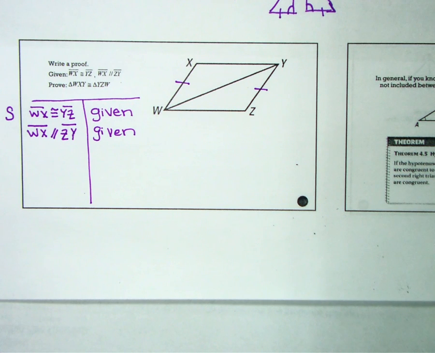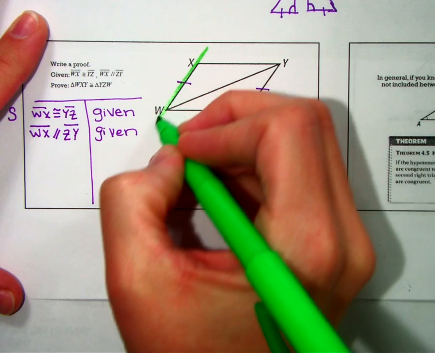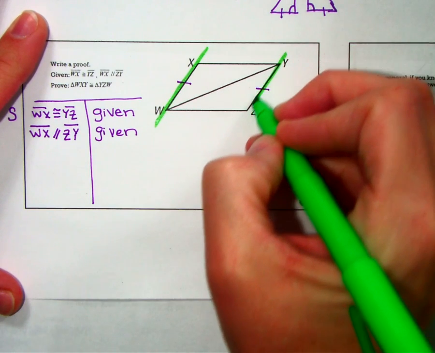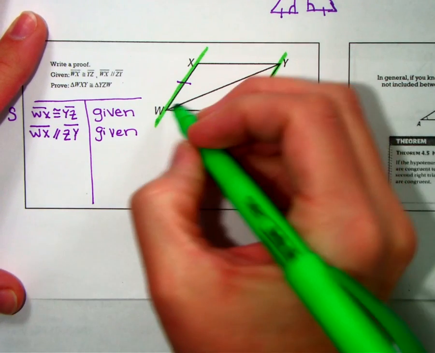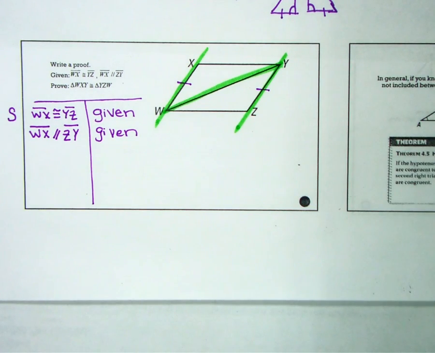If you don't have alternate interior, check corresponding. Those are the two most likely options. Okay, so I'm going to go ahead and just highlight these lines for us. Here, this line is parallel to this line, and this is your transversal.